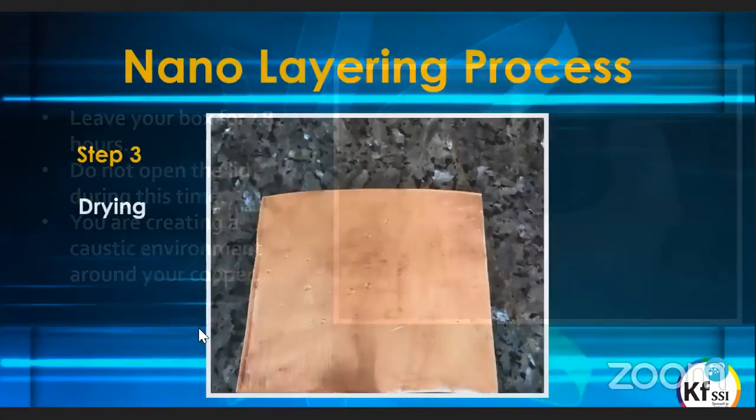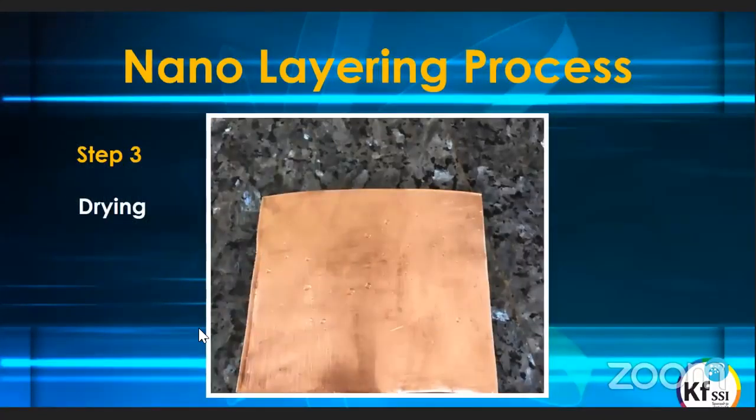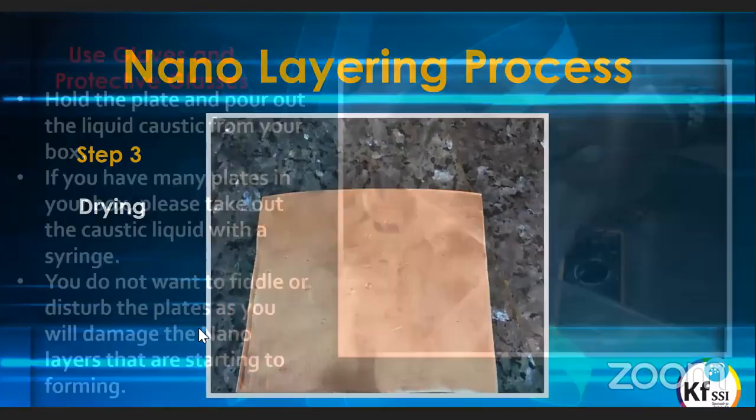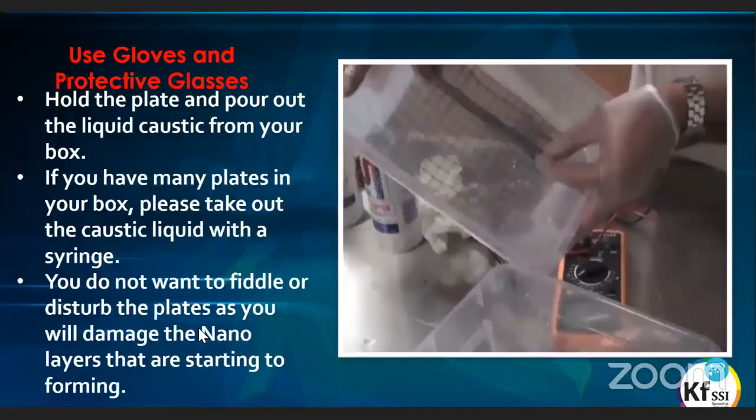All right, the next step is your drying. After your 48 hours, if you're doing just a single plate, it is a lot easier. You need to remove most of your caustic water from your box.